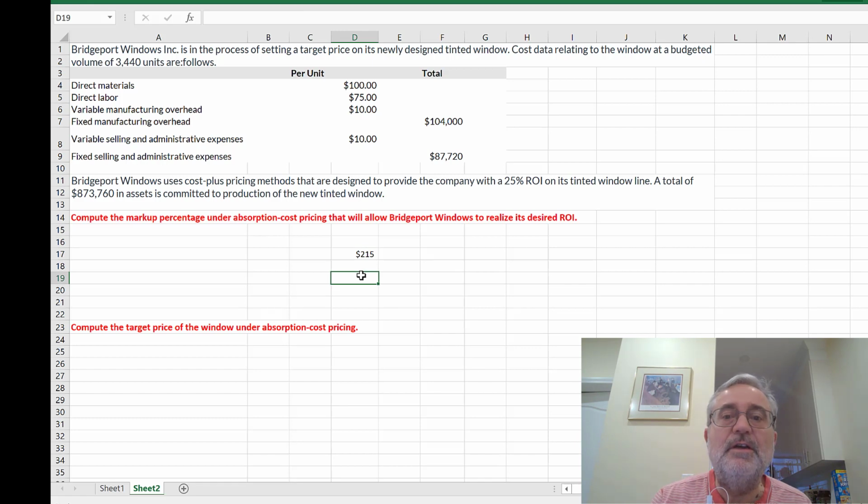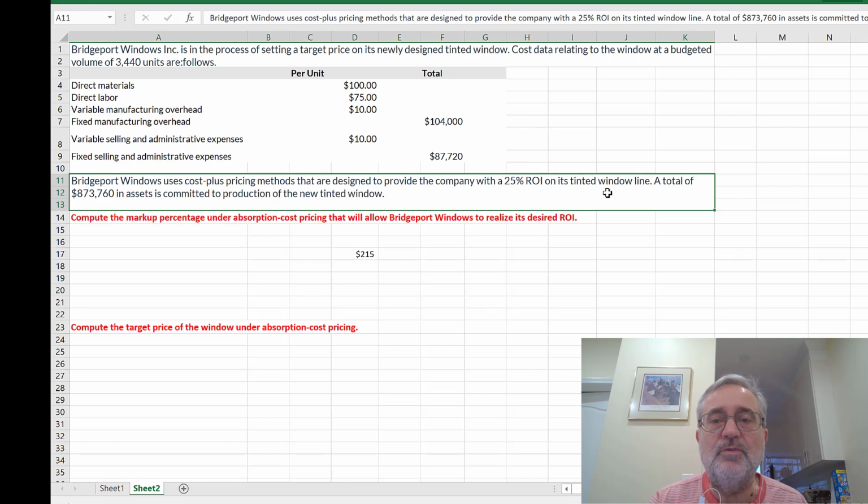Now we want to focus on the numerator. The numerator is the income plus the additional cost associated with the selling and administrative expenses. The first thing we want to look at is that we are attempting to get a 25% return on investment, and the total investment is $873,760. So this was our commitment.